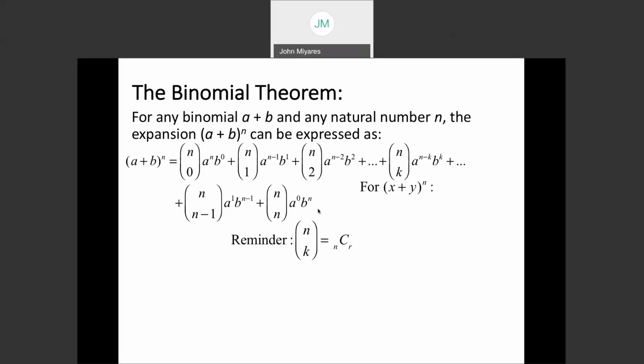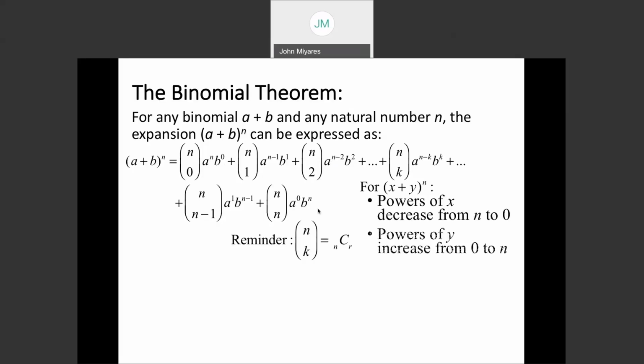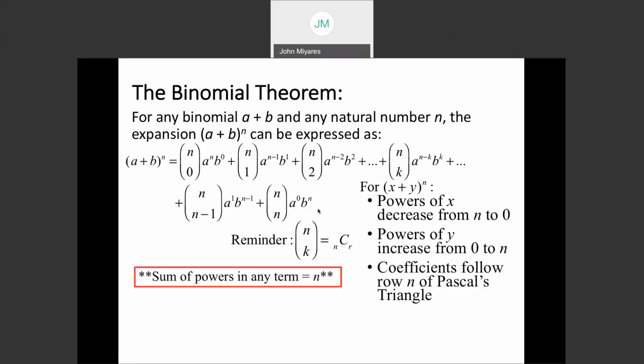For x plus y to the n, again, as a reminder, we're seeing the powers of x are decreasing from n to 0, the powers of y are going to increase from 0 to n, and then the coefficients will follow row n of Pascal's triangle. And again, as mentioned earlier, the sum of the powers in any term will always add up to the letter n.